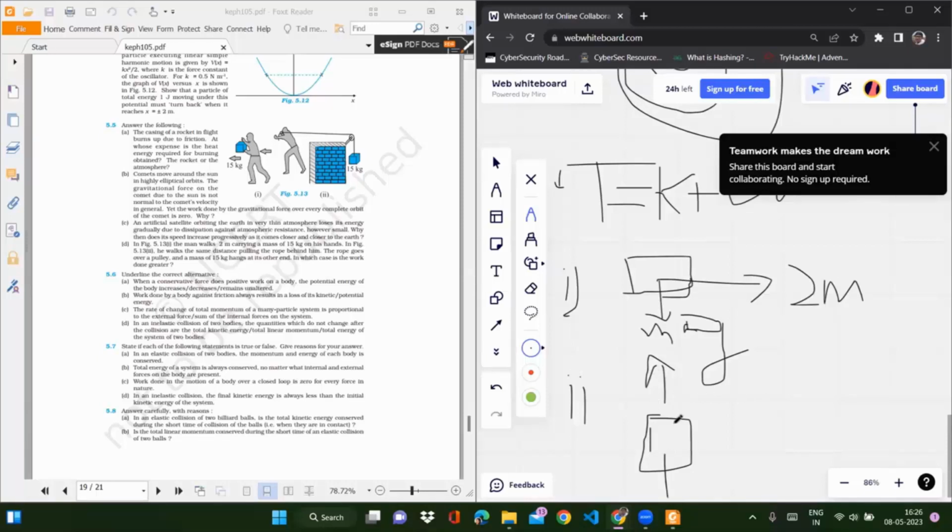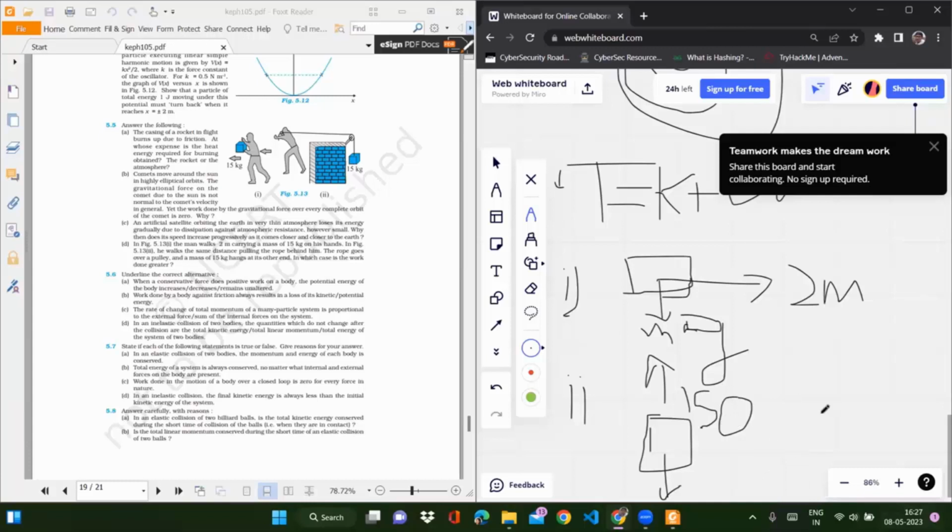The force will definitely be 150 Newton. If we take g to be 10, mg equals 15 into 10, which is 150 Newton downward. For lifting it up, an equal and opposite force of 150 Newton must be applied by the man so that it goes up.